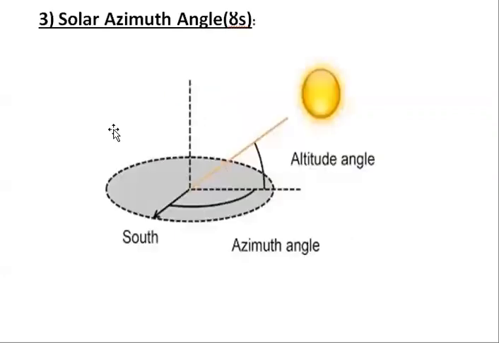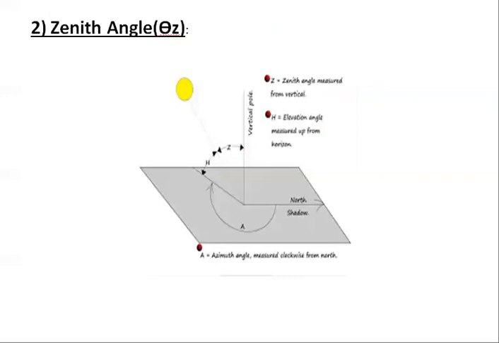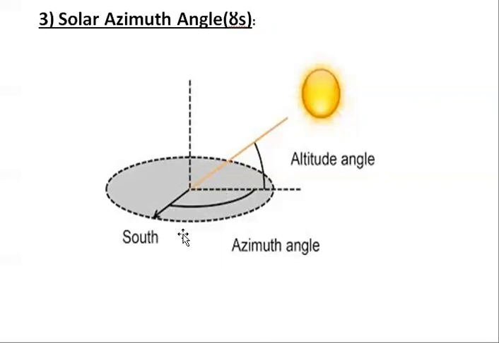And next, that is the third one, solar azimuth angle. Solar azimuth angle can be defined as the angle of horizontal planes between the line due to the south and the projection of the sun rays on the horizontal plane. That means here I considered this as the sun. In the last two concepts, I considered the sun on the left side of the plane, but here for the understanding purpose I consider the sun on this side.